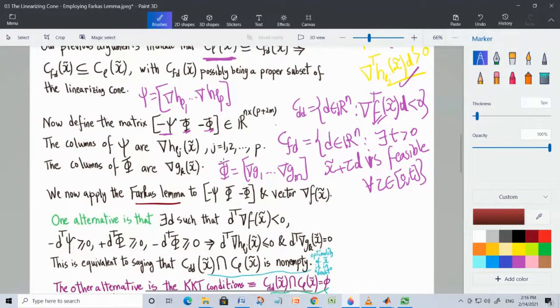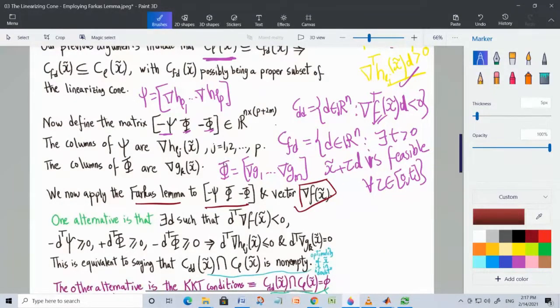We have this matrix with minus psi, so we are taking minus the gradient vectors of the functions involved in the active inequality constraints, and we have phi and minus phi, where phi are the gradients of the functions involved in the equality constraints. So this will be our matrix. And then the Farkas lemma requires a vector. The vector will be the gradient of the objective function itself.